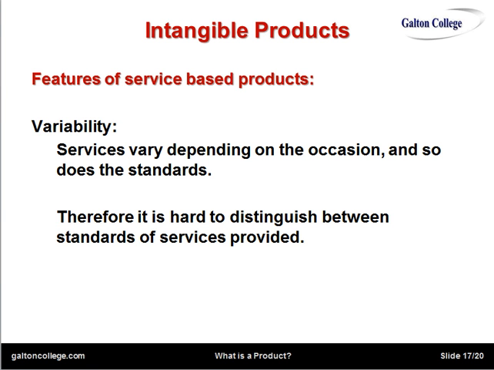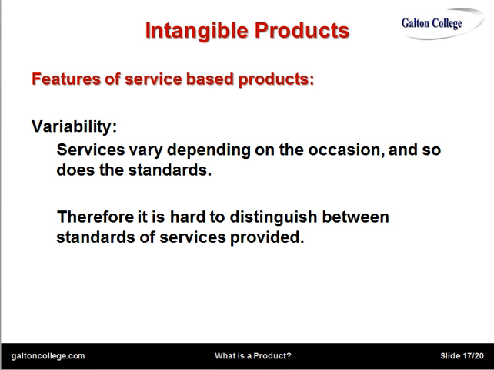Variability. Services vary depending on the occasion, so do the standards. Therefore, it's hard to distinguish between standards of service provided. There could be variability. It is a service. So sometimes if you go into a restaurant and order a coffee, you get this coffee in a few moments.